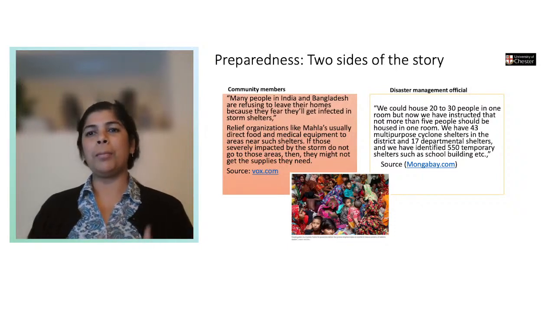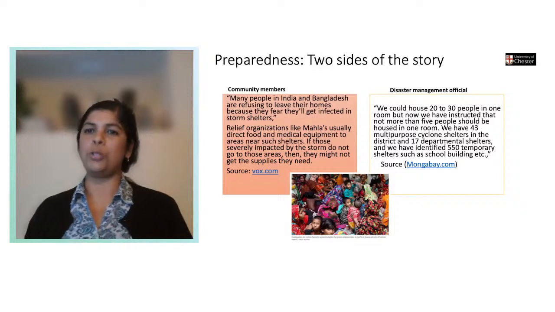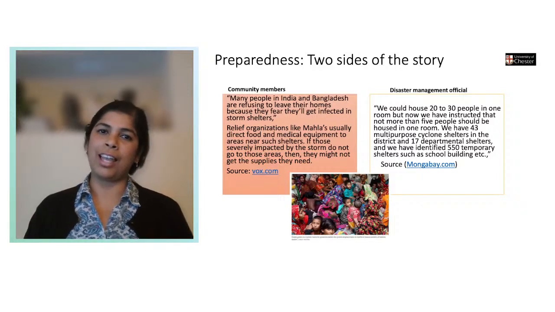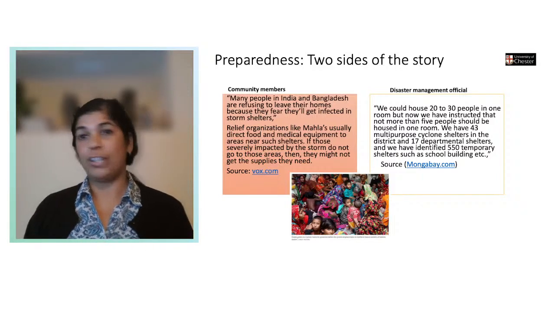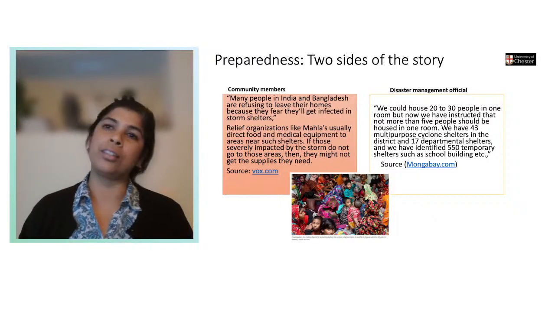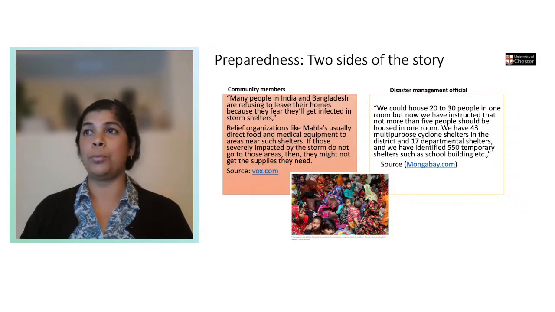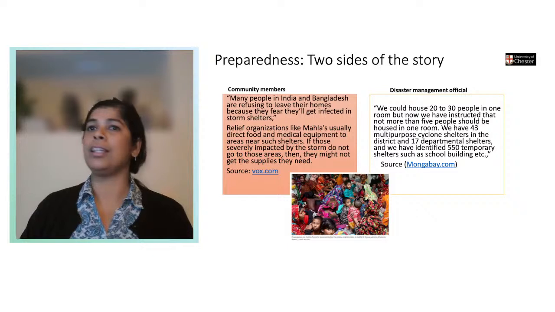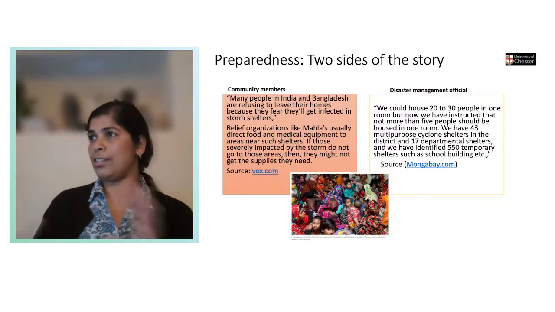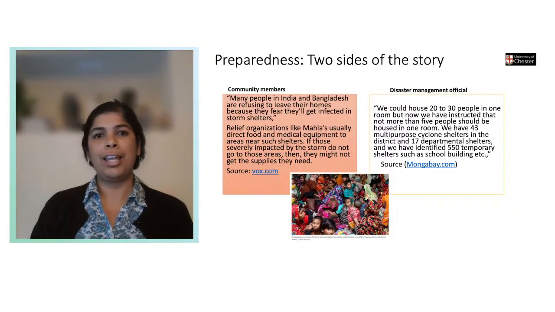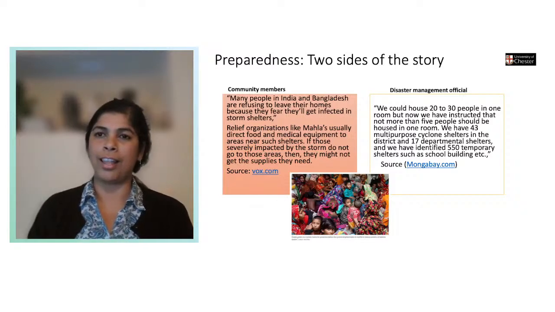So now it became a problem. On one side, they had to move people. On the other side, they didn't have the shelter to move people. So again, it's a vicious circle that they had to face, and decisions had to be made immediately. That's the dilemma of disaster management that the slide is showing.